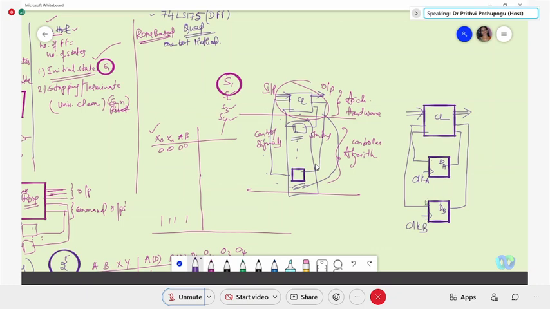Same in the sense, the signal appearing at clock of A and clock of B should be at the same instant. What happens if this is not happening?